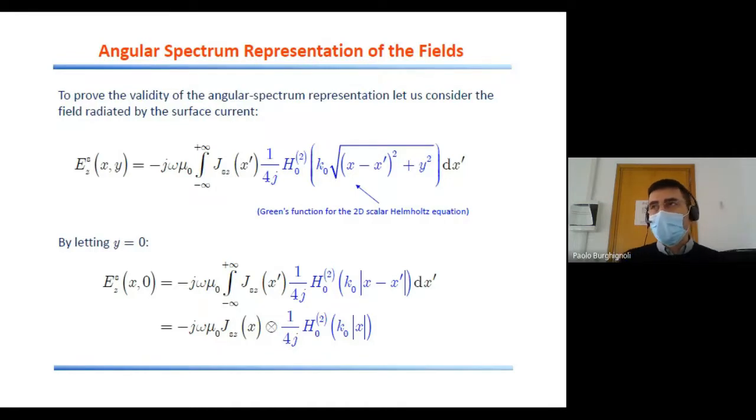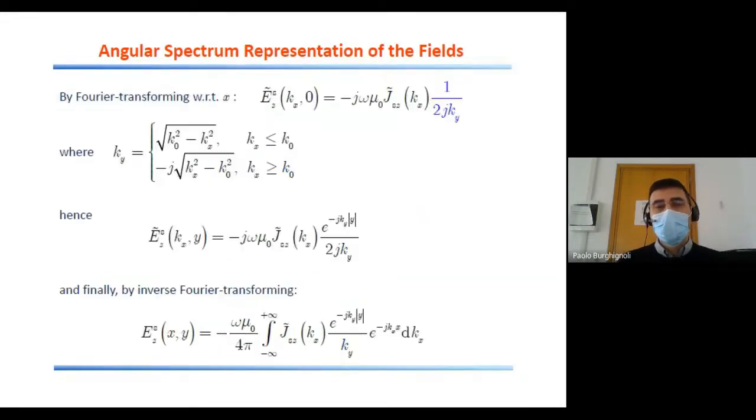Going to the spectral domain, with the tilde above, the field is proportional to the electric current J tilde, the Fourier transform, times the Green's function spectrum, which is equal to 1 divided by 2j ky.